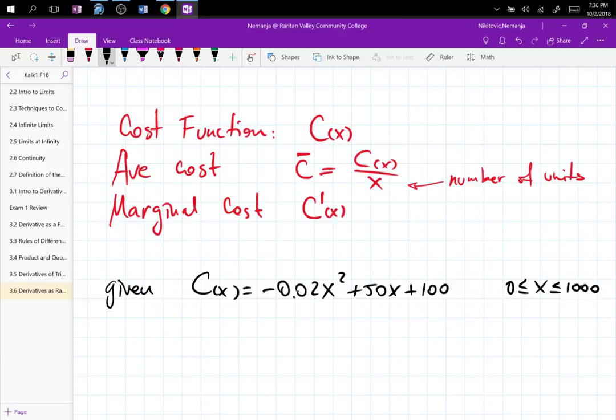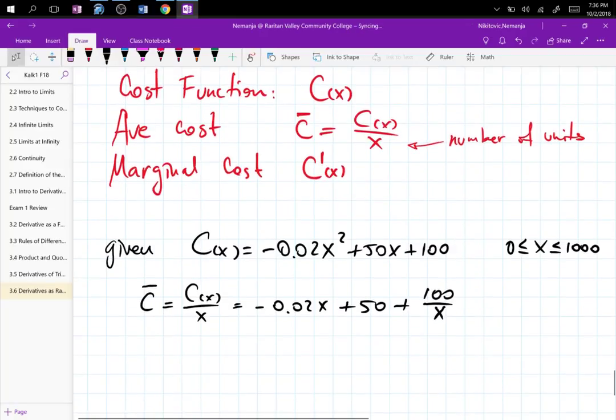You're doing cost analysis for the first 1,000 units. So we can immediately find the average cost by taking the cost function and dividing it by x, which is negative 0.02x plus 50 plus 100 over x. So that's my average cost.